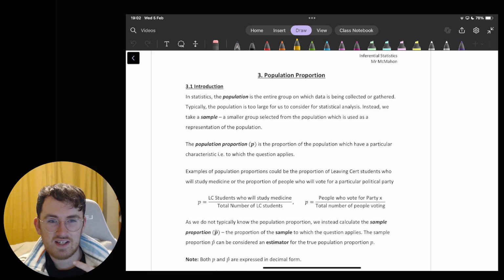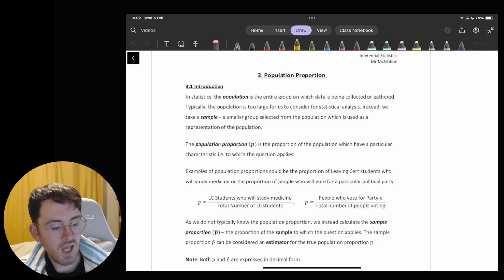Obviously, it's not feasible to study every single one, so instead we would usually take a sample, which is a smaller group that I take from the population and use as a representative. I might try to infer something about the population based on the sample that I have.